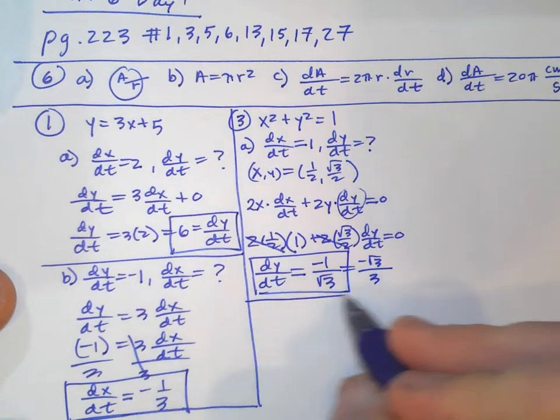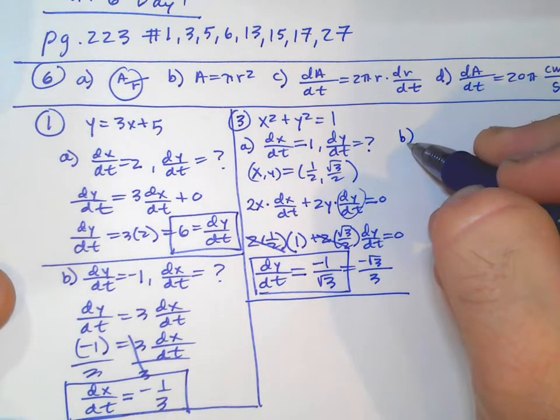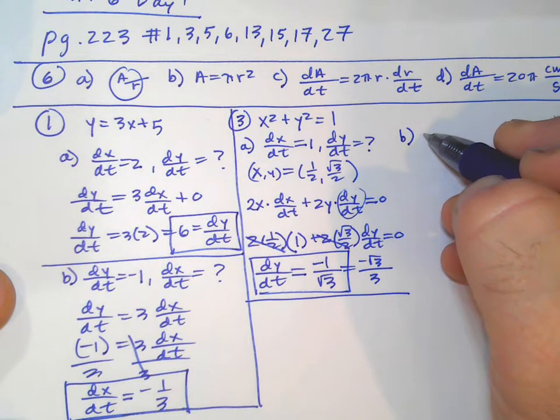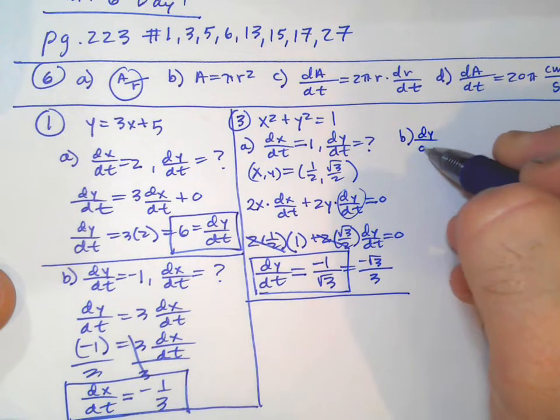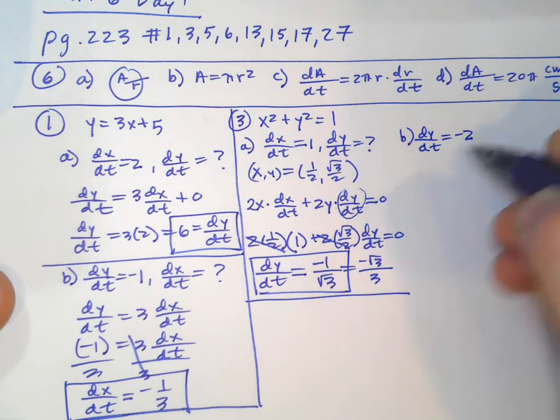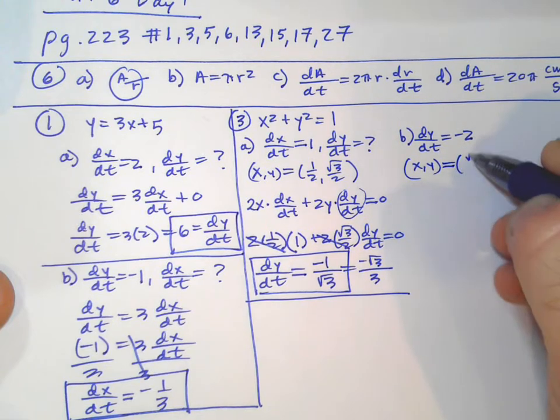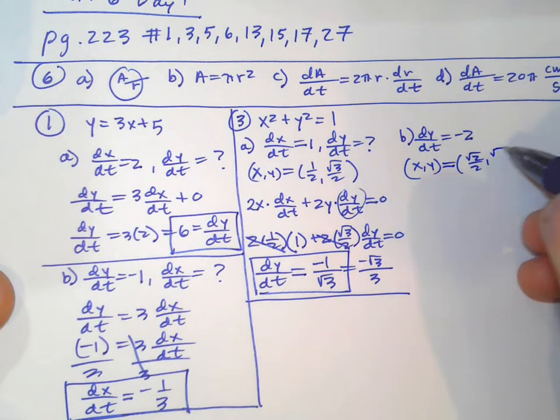Okay. B, same equation, but this time we're doing dy/dt equals -2 and (x, y) equals (√2/2, √2/2).